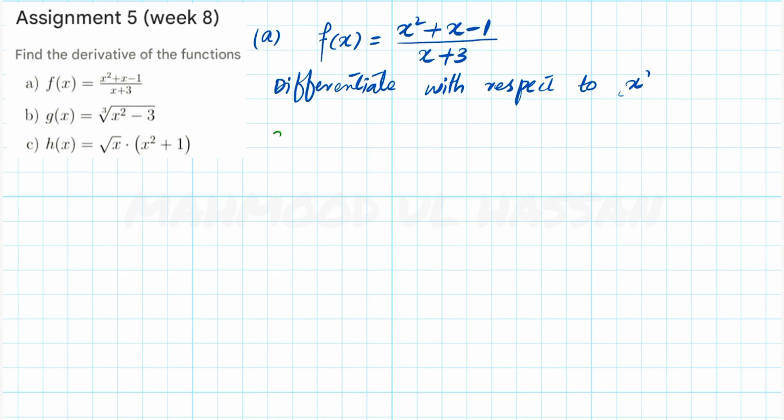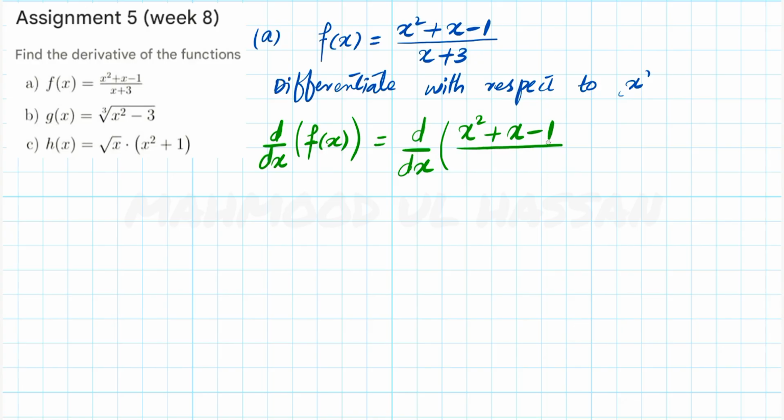So that's going to be d over dx of the function f of x, which is the derivative of the rational function x squared plus x minus 1 divided by x plus 3.